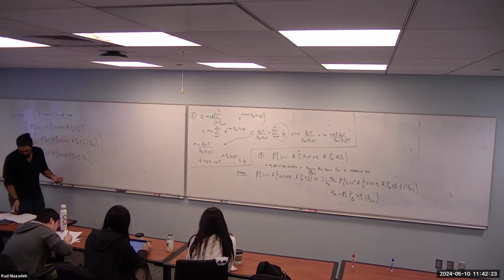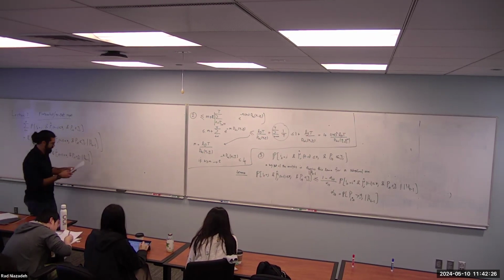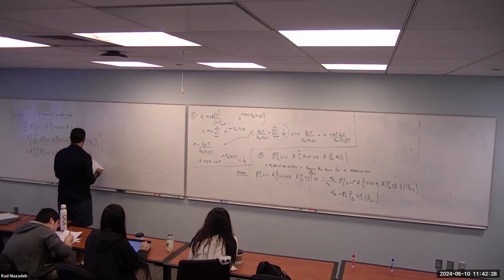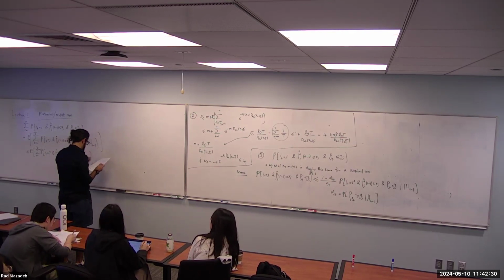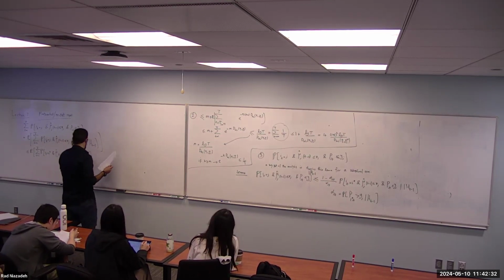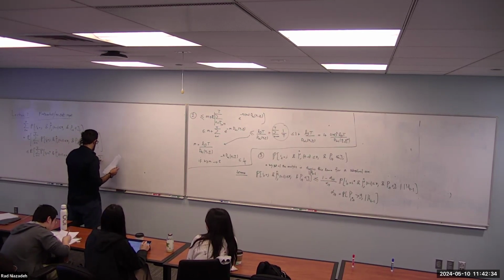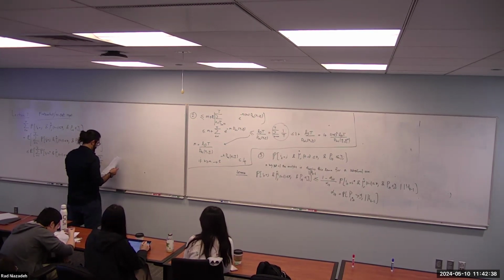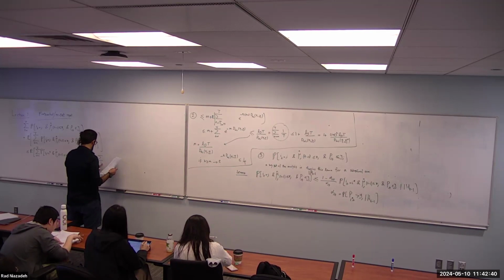So therefore, I can write this thing in the following equivalent way. So it's going to be equal to the summation t from 1 to, let me write it down and then I will explain.